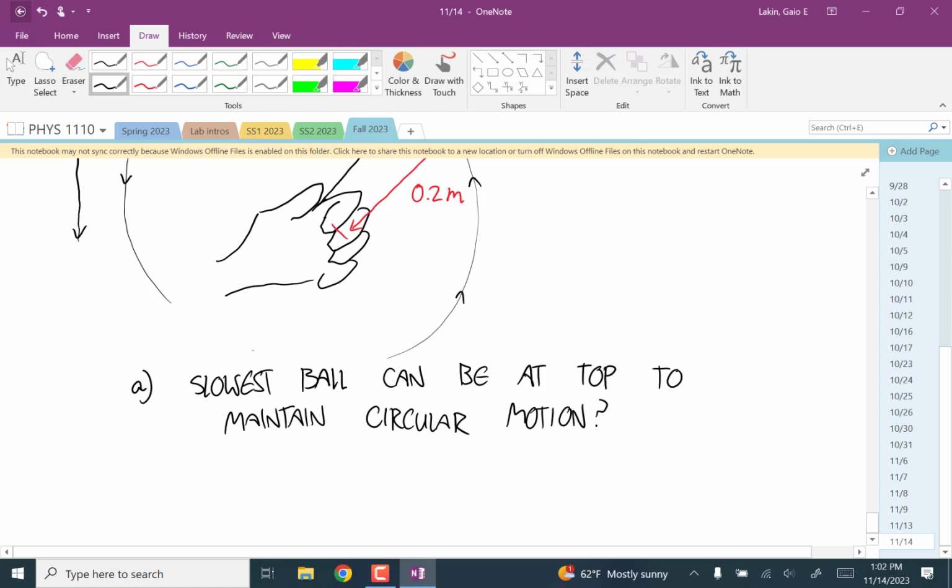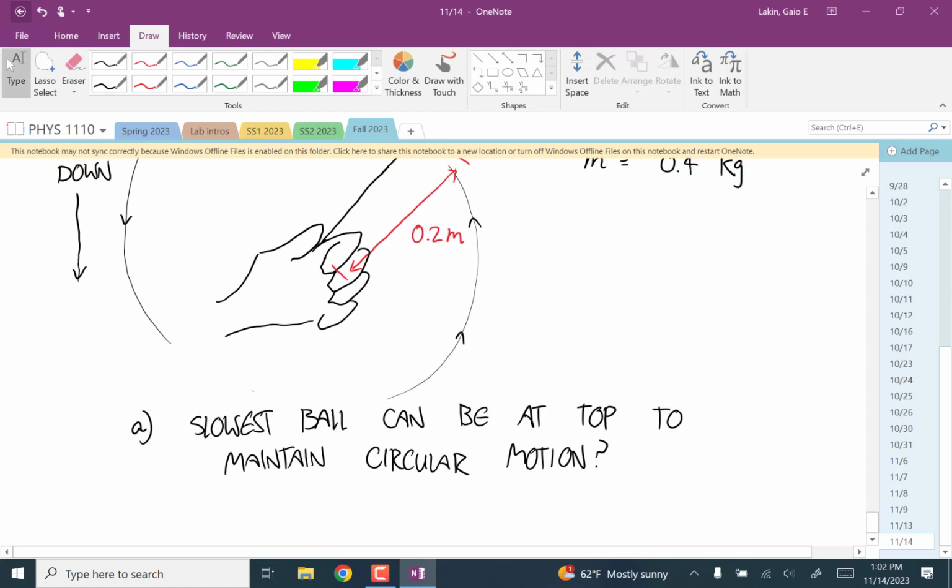We're gonna just do it again. But basically, if it's going too slow at the top, it'll fall out of its circular path. And the slowest it can be going is when it's still in circular motion, but the tension in the cable is 0. Okay? If it's going any slower than that, the cable would have to push on it to maintain circular motion, and we know cables can't do that.